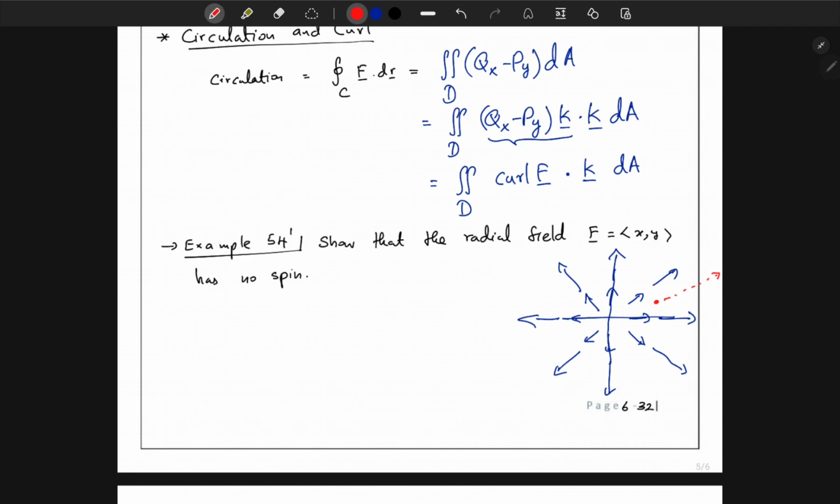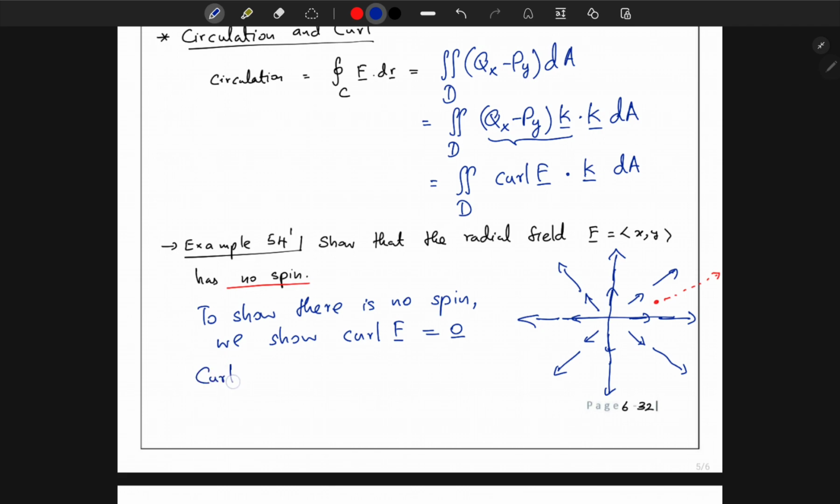So curl is 0. Now to show something has no spin, you show the curl is 0. To show there is no spin, we show curl of the field is 0, and it's 0 vector because curl f is a vector.